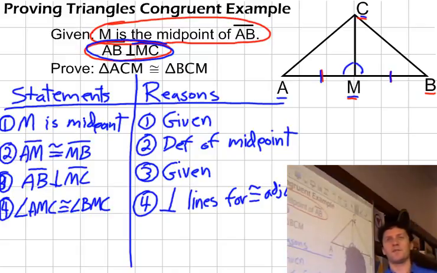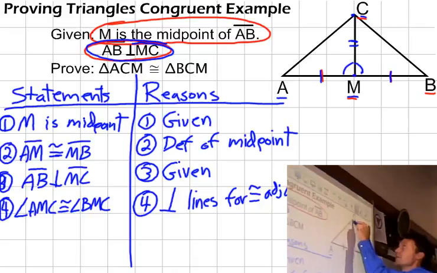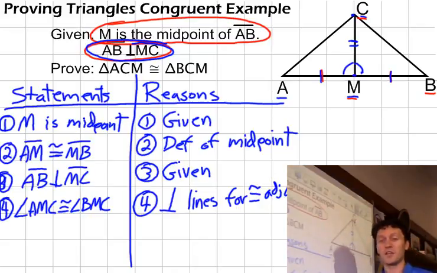Okay, so that gives us a side and an angle. So to round this out, we either need to get this angle out here to give us an angle side angle, or we need to get this side here to give us a side angle side. Well, as it turns out, they share this side, and this is going to help us a lot. In a lot of these proofs, if you see that two triangles share a side, that's great. We can use that.